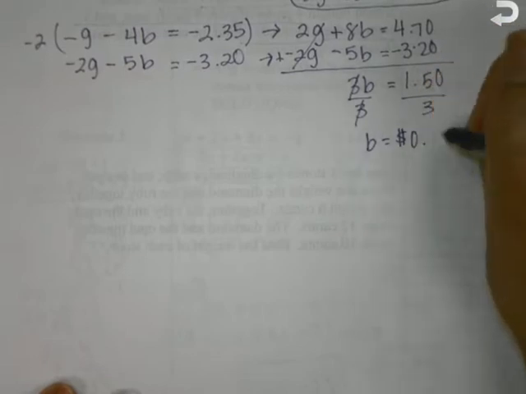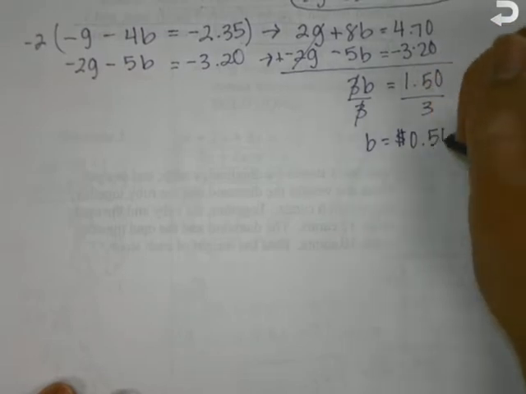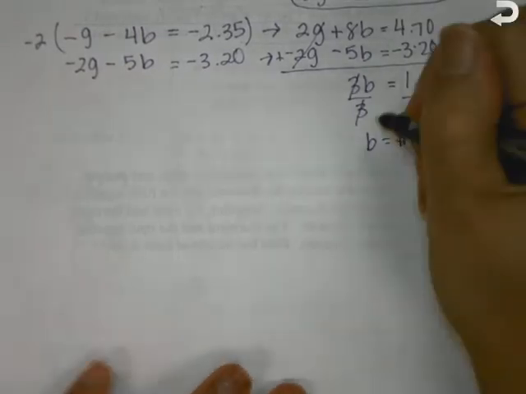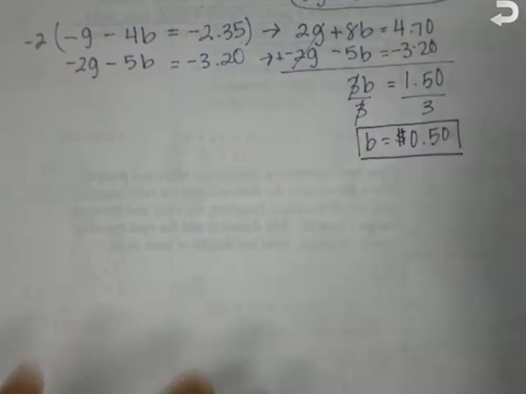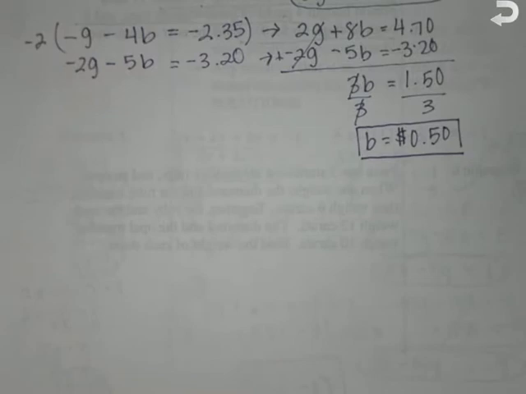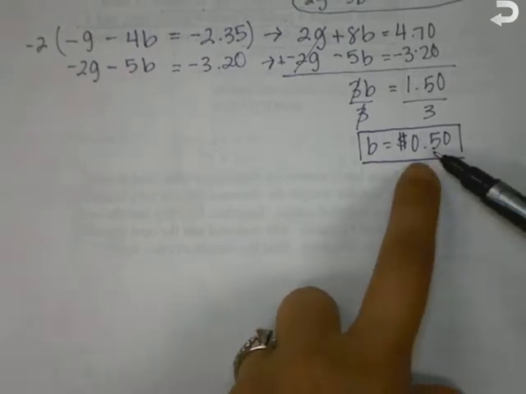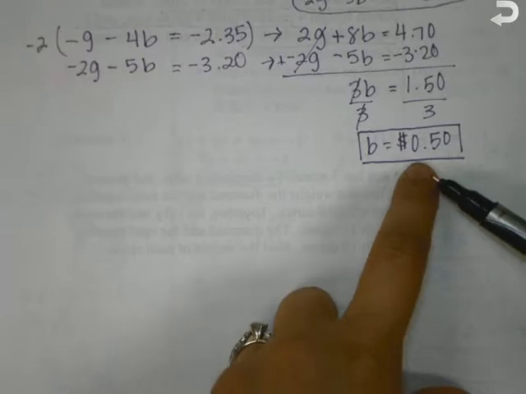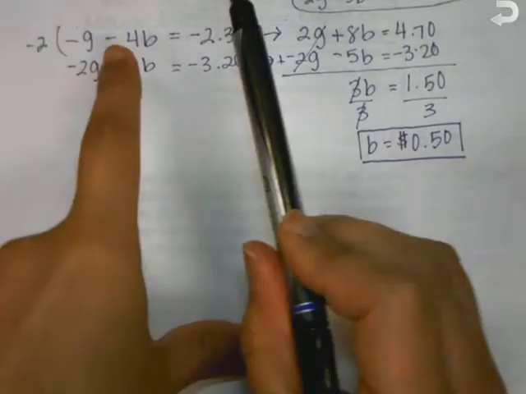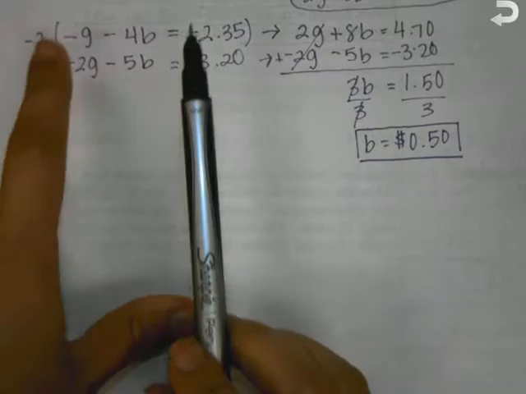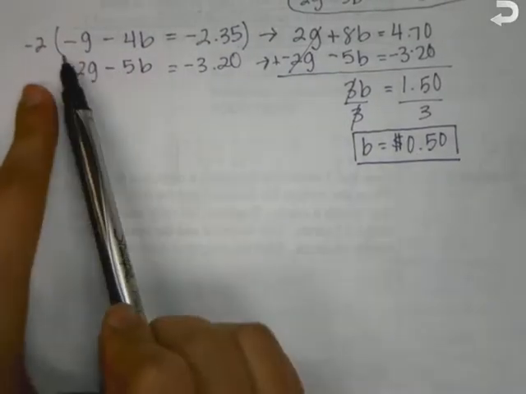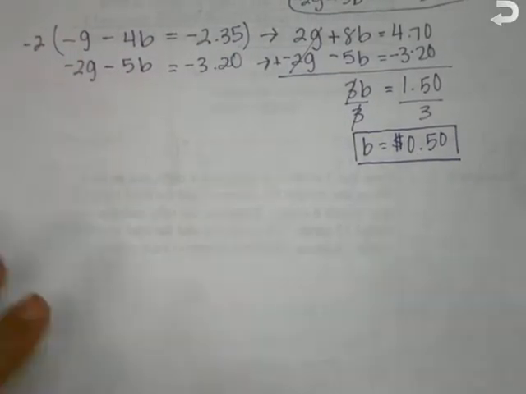Okay. Now I have B. I can solve for G by plugging it back into this guy, right? Yes? So if we plug B back into here, we can solve for G. So let's plug it in. We have negative G. You never plug it into the one. So we have negative G minus 4 times 0.5 equals negative 2.35.